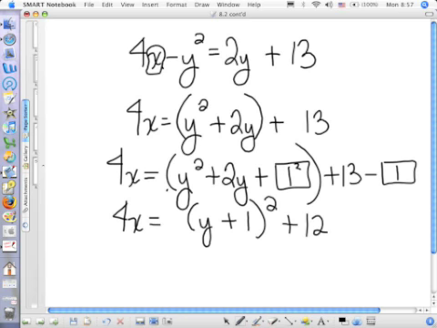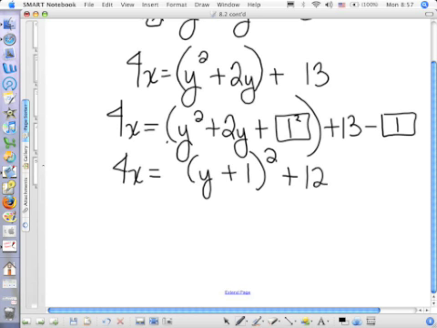But this is not finished yet because I have 4x equals all that stuff. So if I want x, now I'm going to take 4x and divide by 4. But remember, we must divide every term by 4.